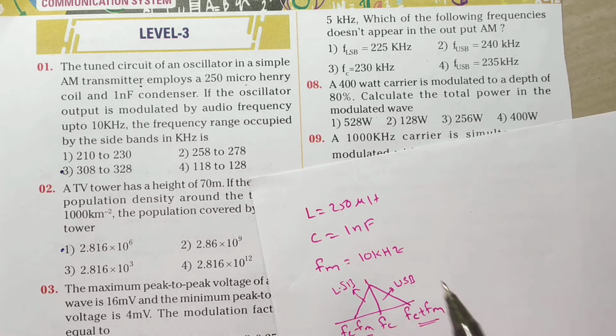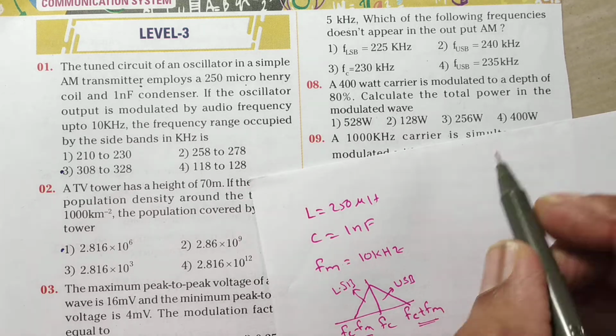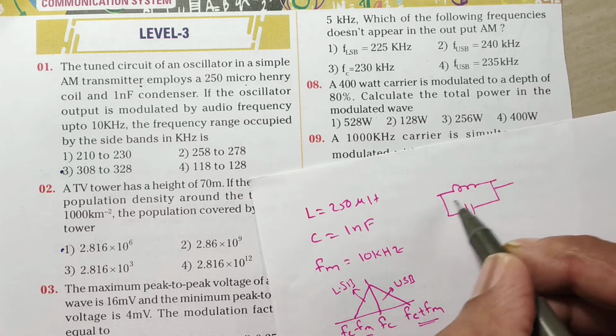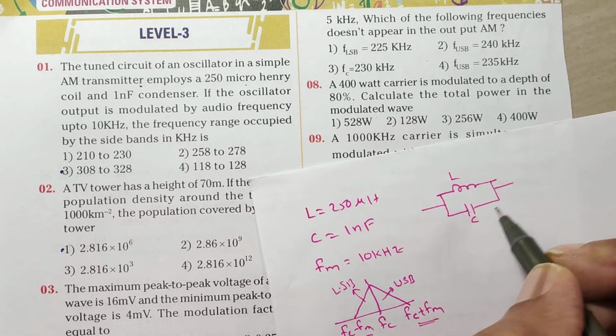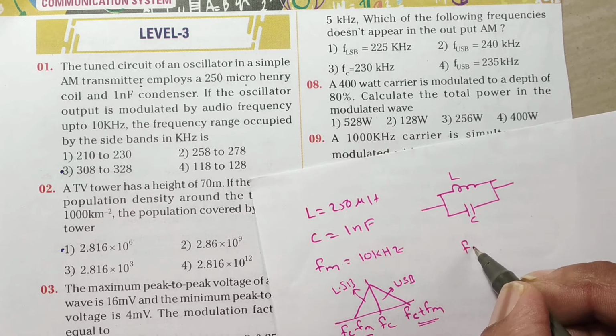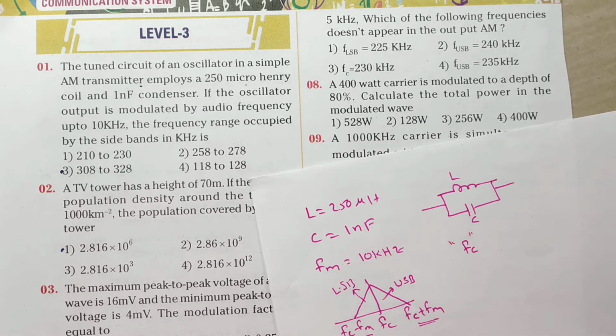One tuned circuit they have given like this, with L and C. The tuned circuit produces the carrier signal frequency, and this carrier frequency and the message signal frequency combine. We have to find FC plus FM and FC minus FM.